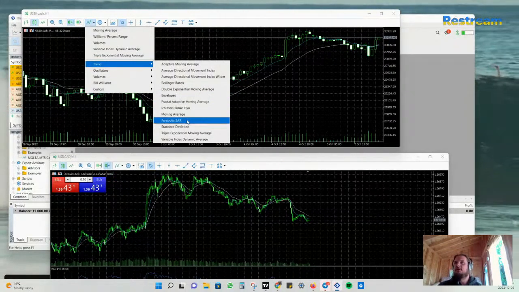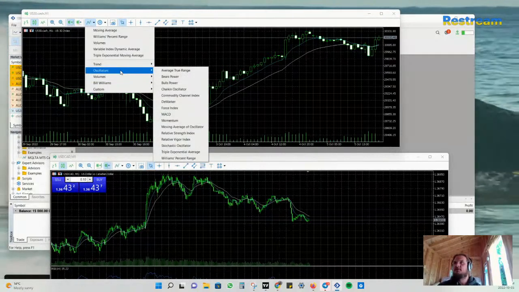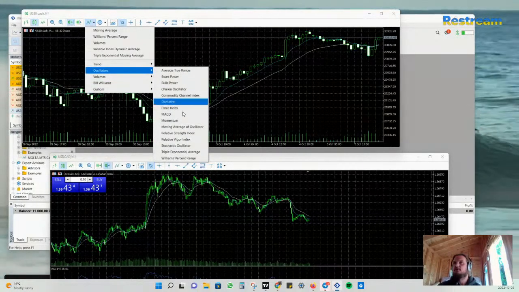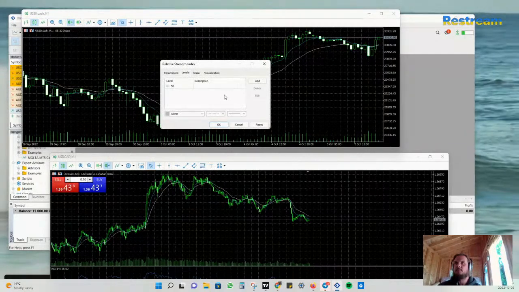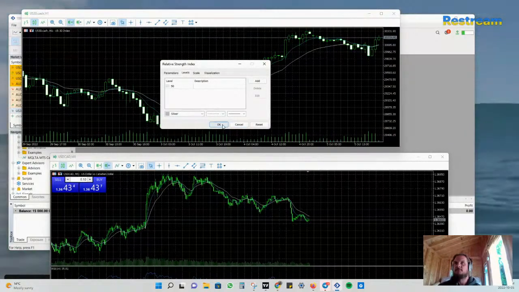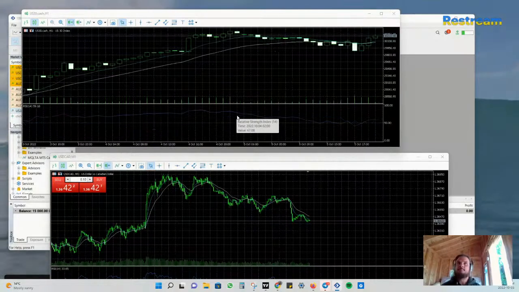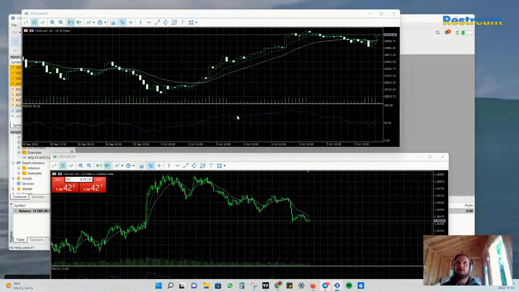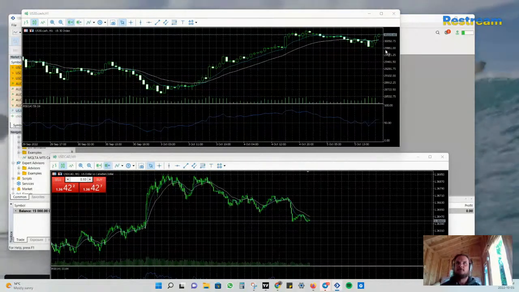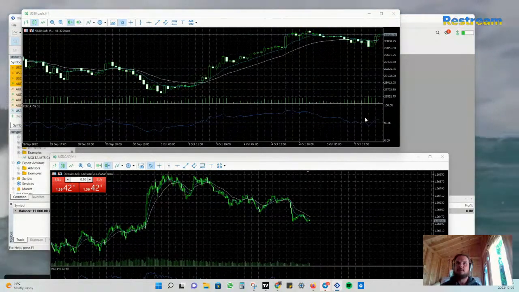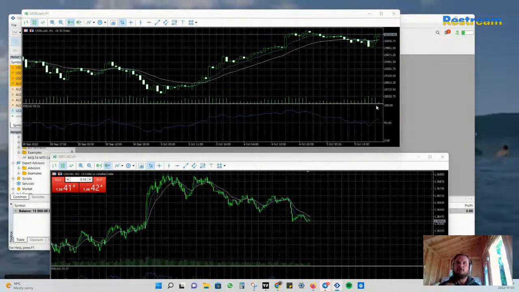Why don't I see it? Oscillators. Relative strength index. There we go. And I just have this 50 line, midline, and I'm looking above or below.